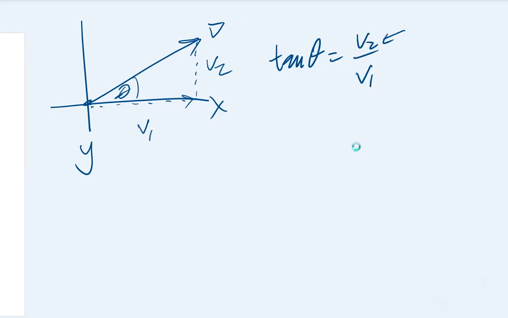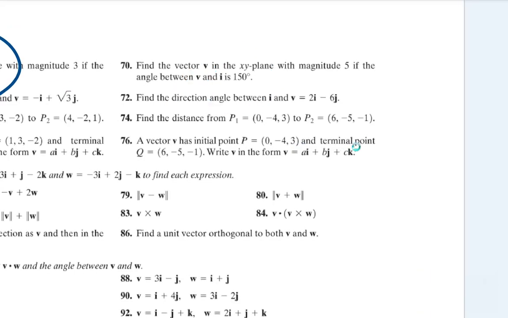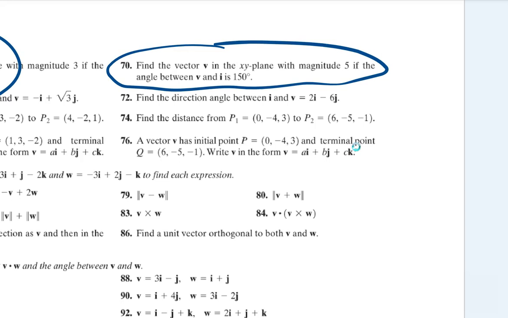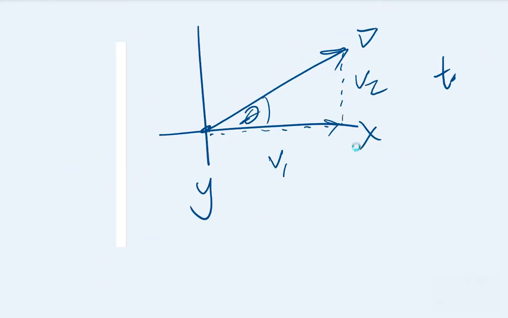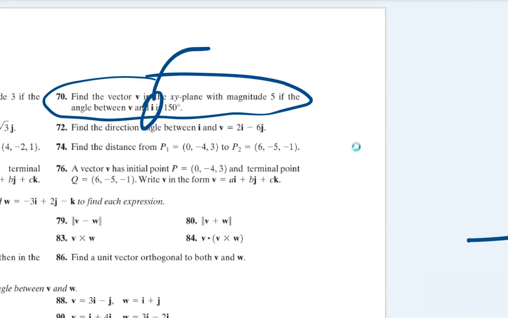It's the opposite over the adjacent. So you can get the angle of the vector very simply by doing that. When you look at problems like this one, let's look at 70: find the vector v in the xy plane with magnitude 5 if the angle between v and i is 150. We're going to talk about this i. For now, let's just say the x-axis, and I'll come back to i in a second.